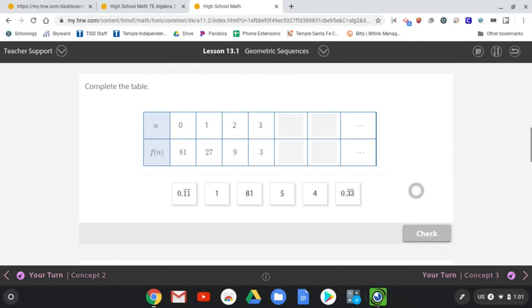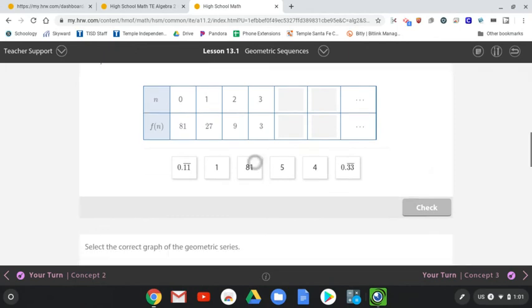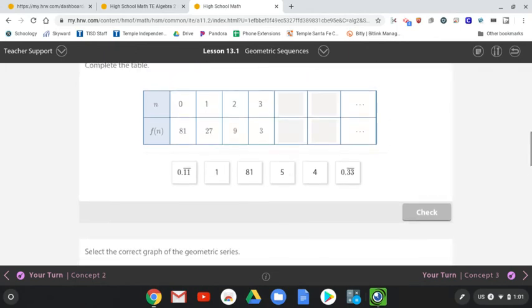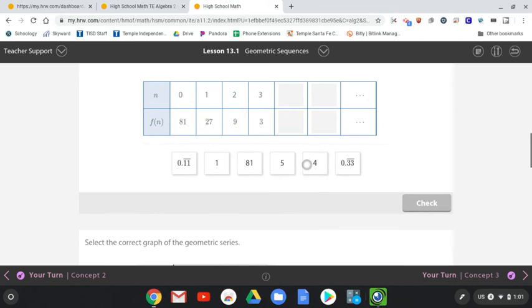So 0 is 81, 1 is 27. 3 divided by 3 would give us our fourth number, which would end up giving us 1. And then on the fifth term, we would end up with 1 times 1/3, which is 1/3, and that is 0.33 repeated.